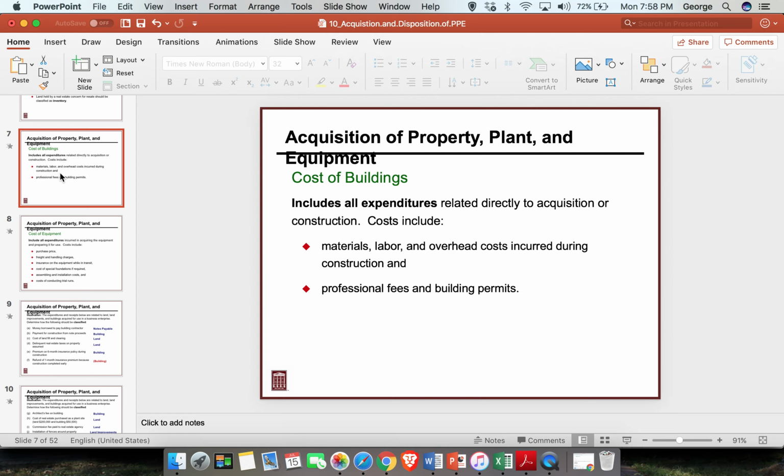All right, acquisition of PP&E, cost of building. So all expenditures related directly to the acquisition or construction of the building should be included in the cost of the building. Those include material, labor, overhead during construction, and then any professional fees, building permits, those types of things. Those expenditures can be capitalized to the cost of the building.